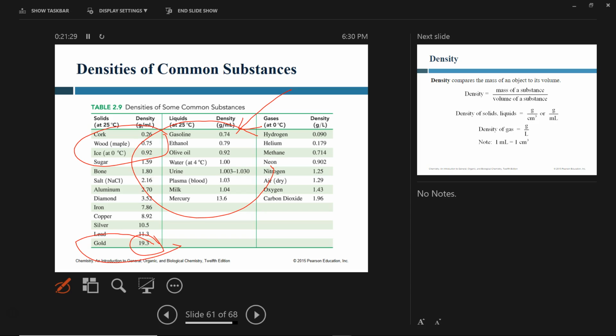Now, I'm going to throw a term towards you. We're going to go back to it. It's called specific gravity. Okay?